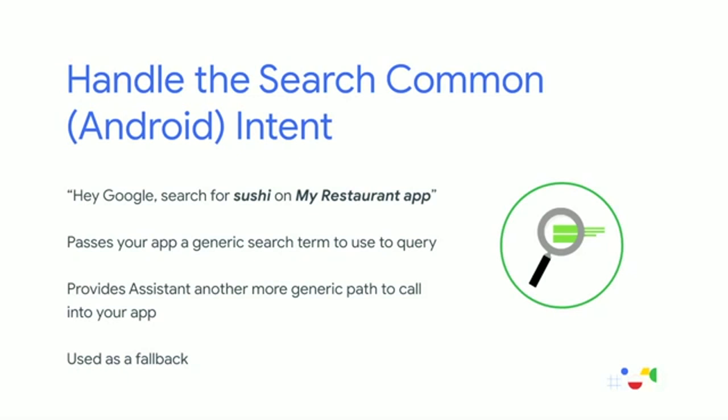This would allow the My Restaurant app to open up and be passed the term sushi, after which it could run a particular search query within the app for that term. Why do we need this? Well, it's utilized by app actions basically as a fallback to provide a better user experience when things may not go according to plan. But we still have a high confidence that the user wants to use your application.